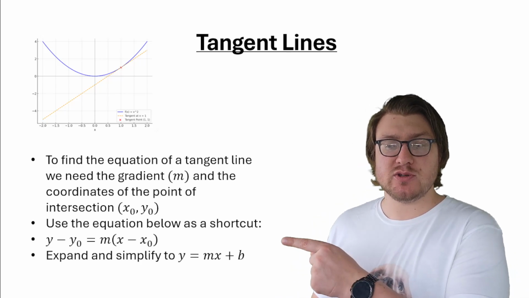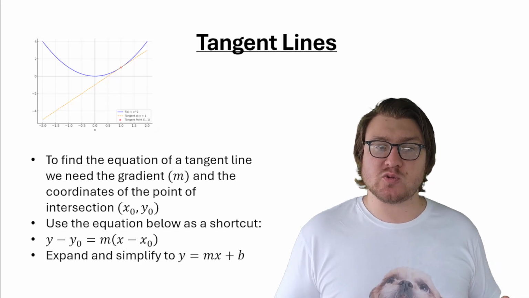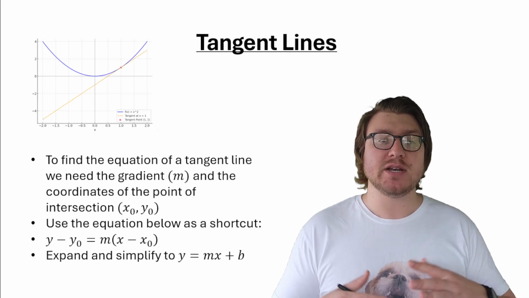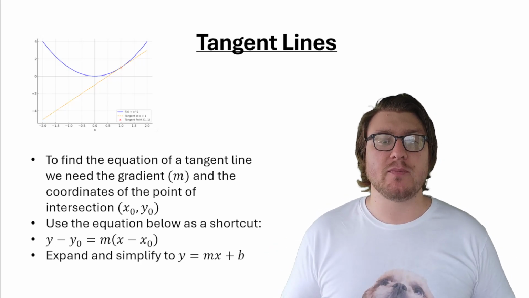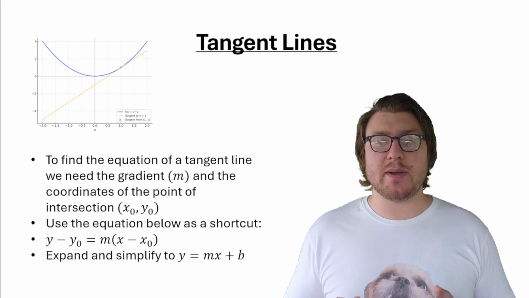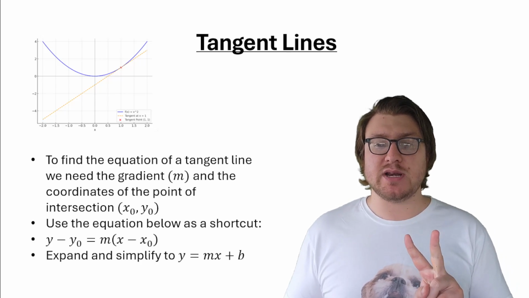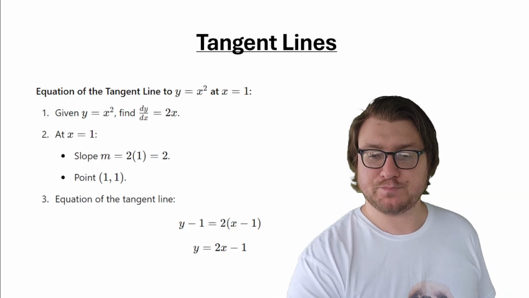Because then we can use a new formula that you've been introduced to this year: y minus y0 equals m times x minus x0, in order to get to this form if we're expanding. So from this slide, just remember we need the gradient and we need a point, more precisely the point of intersection.